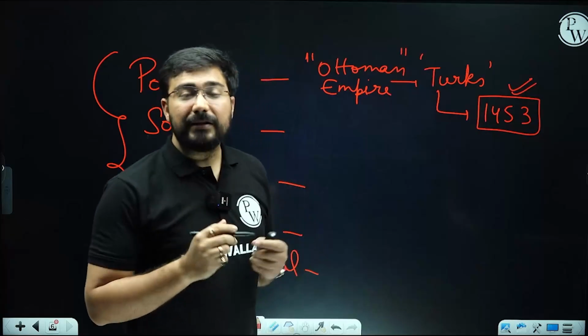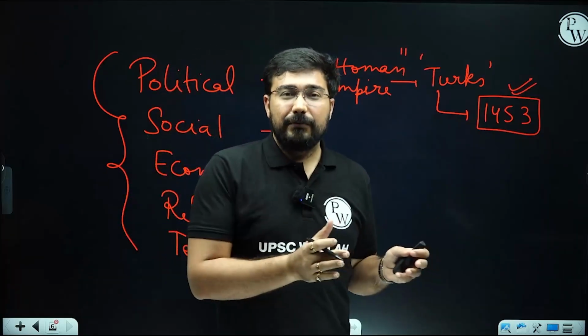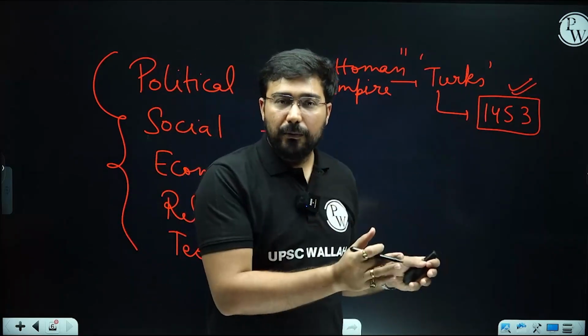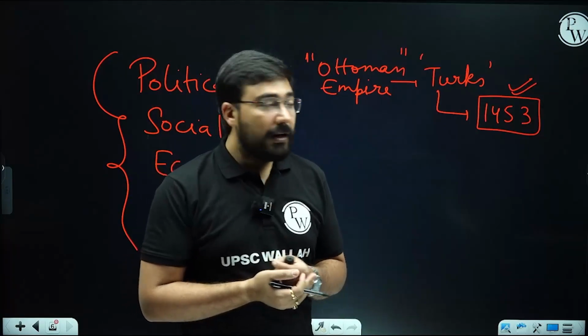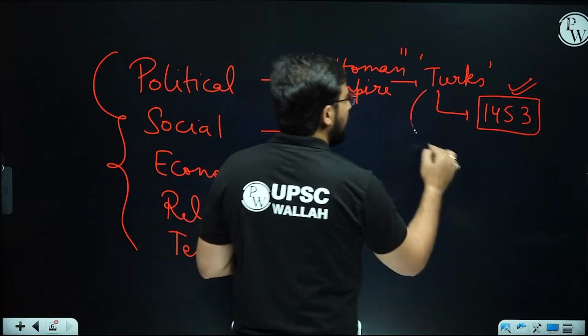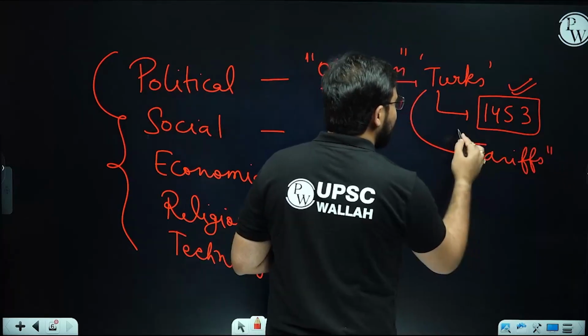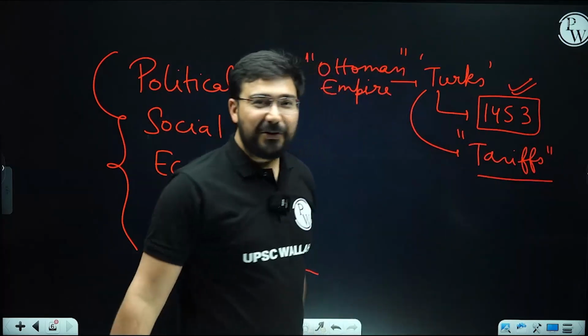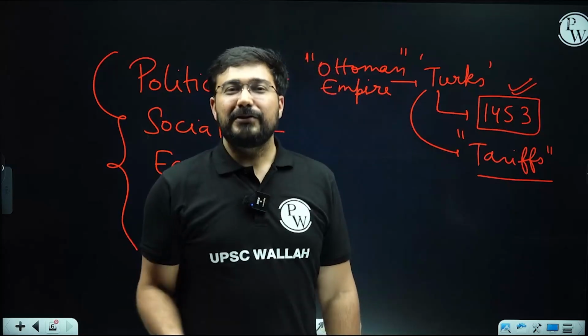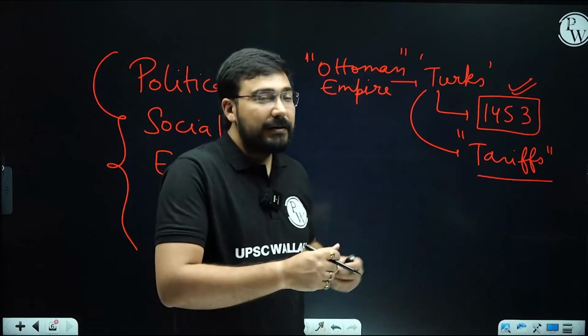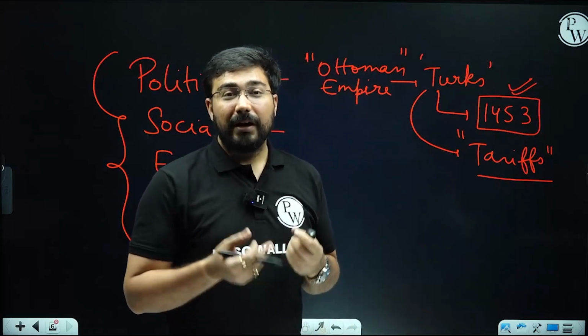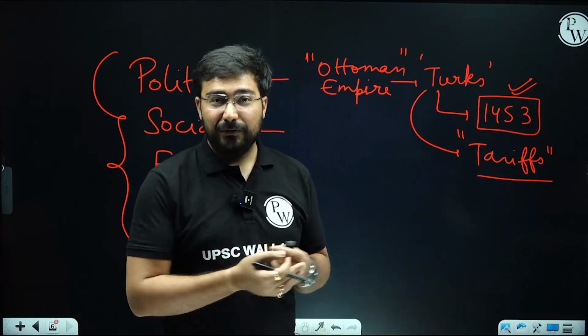As a result, the trade connection between India and Europe was now getting affected. Why? Because the Turks started putting lots of tariffs. All of us are aware of the tariffs being put by Donald Trump. Just like that, in history also, tariffs were put by these Turks because they wanted the maximum percentage of commission from this trade.